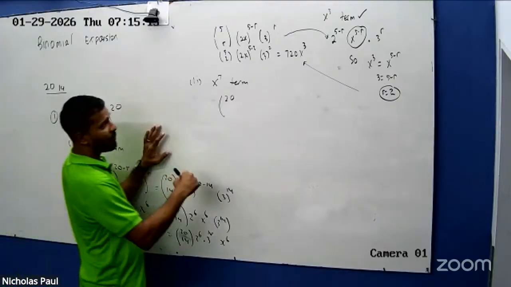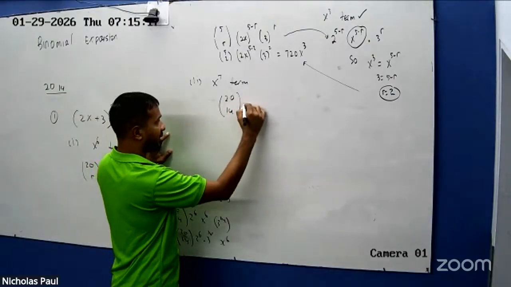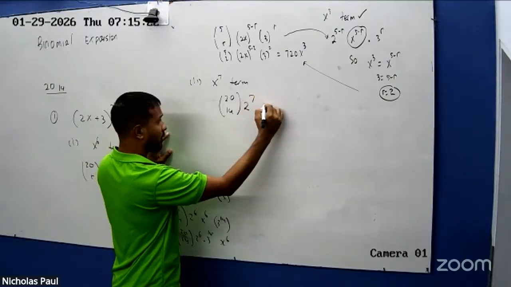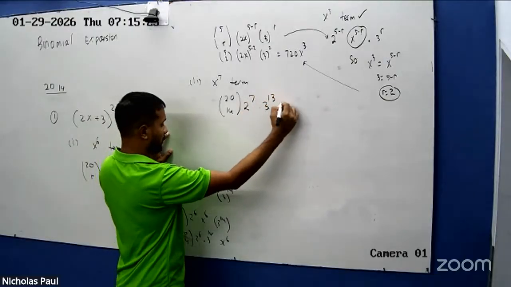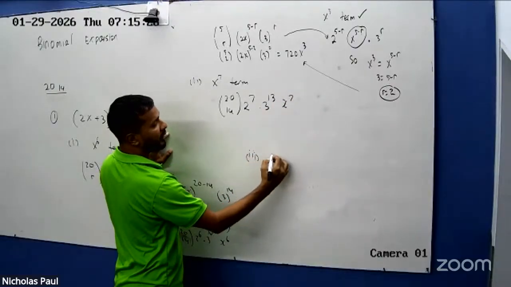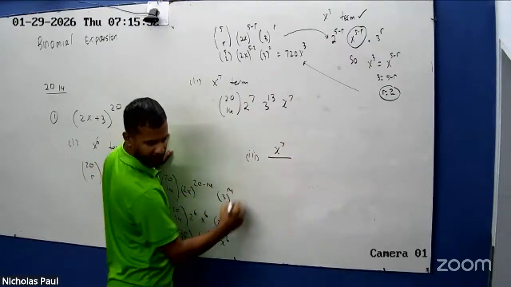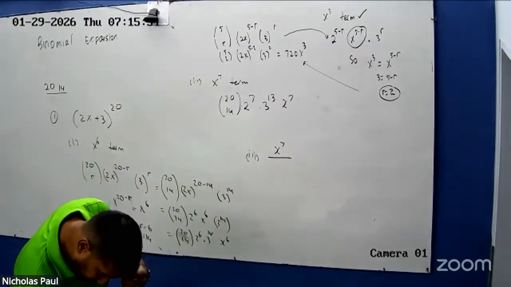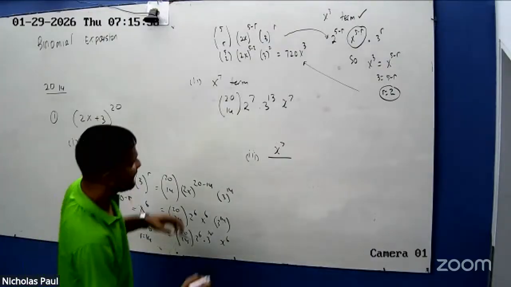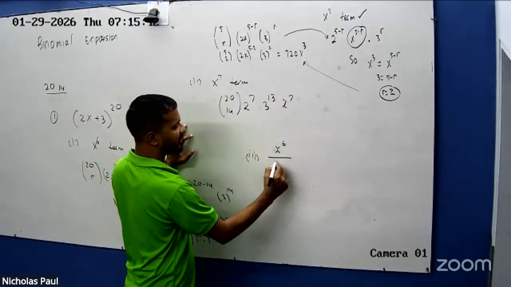In fact, I'll make you do that one now, since you want to simplify it. Part 3: find the x^6 term to the x^7 term.